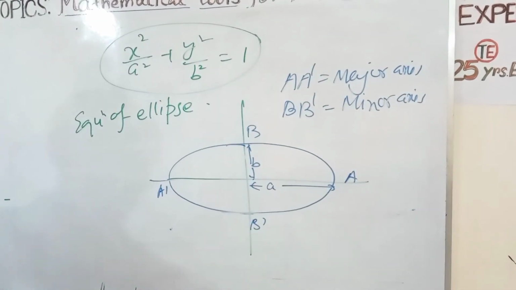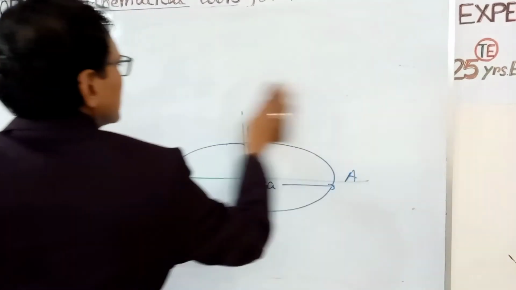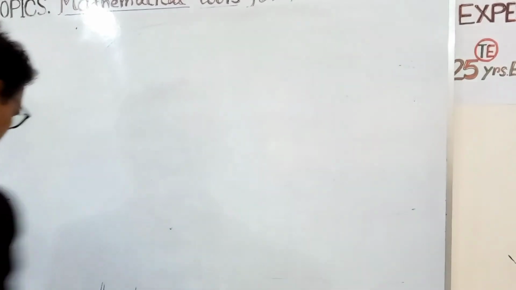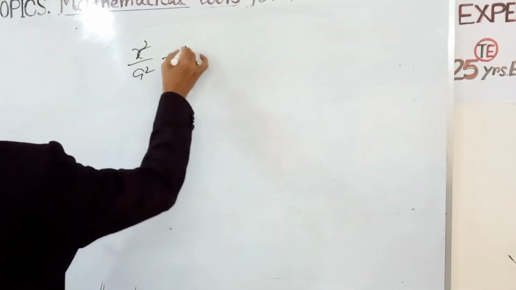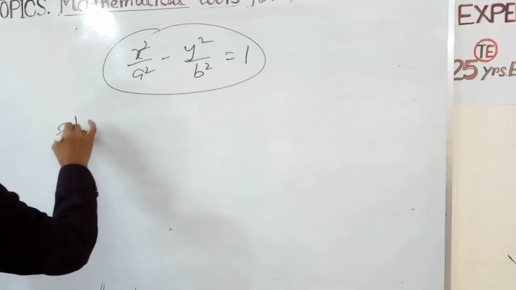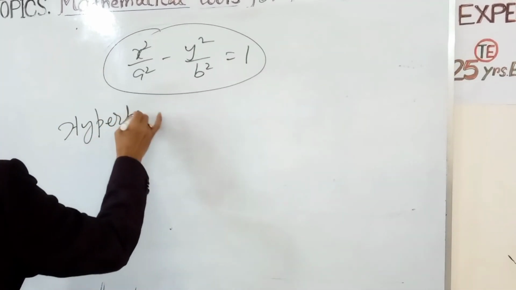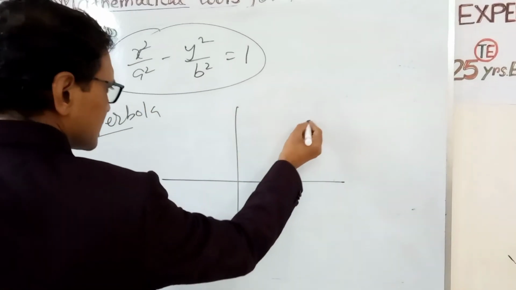This is the minor axis. This is the equation of the hyperbola. The figure will be this.